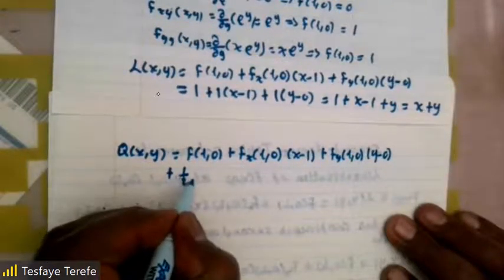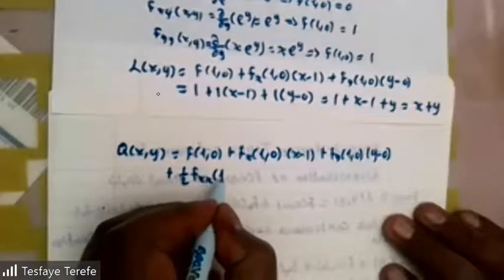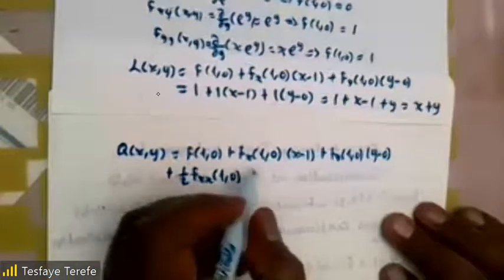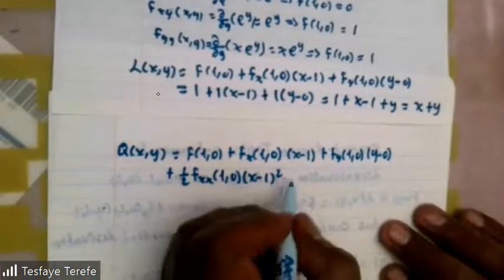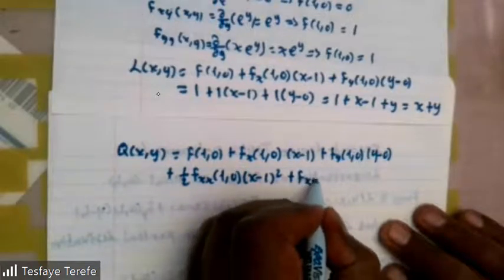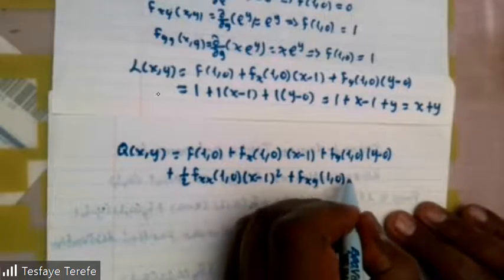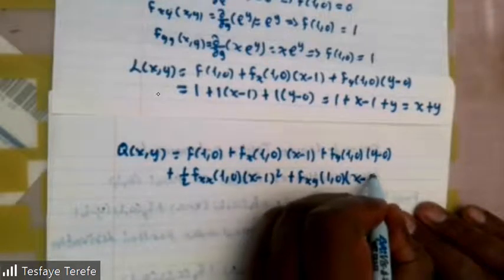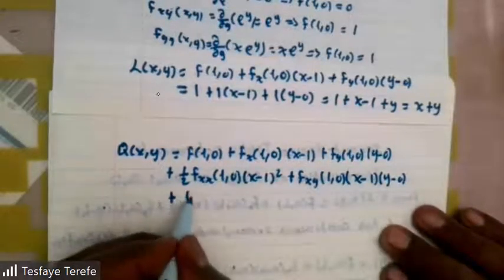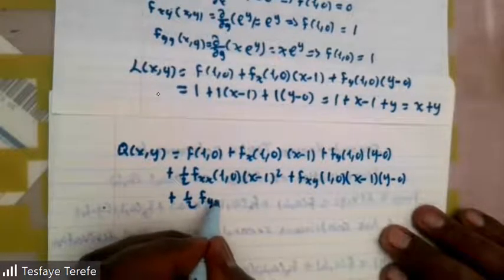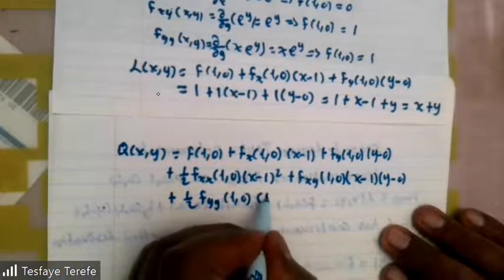Plus 1/2 the partial with respect to xx at (1, 0), and that is (x minus 1) squared, plus the partial derivative with respect to xy at (1, 0), and (x minus 1) and (y minus 0), plus 1/2 the partial derivative with respect to yy at (1, 0), and (y minus 0) squared.